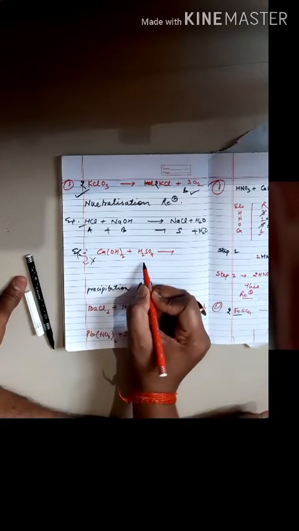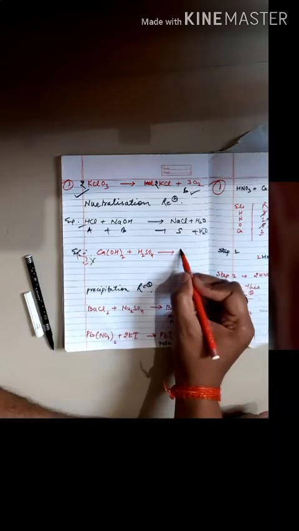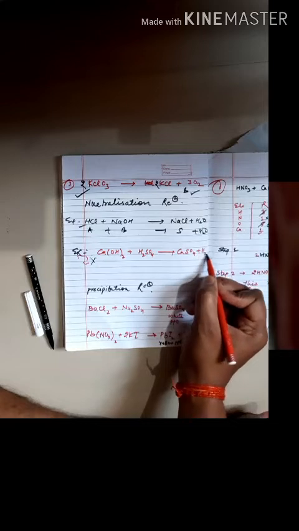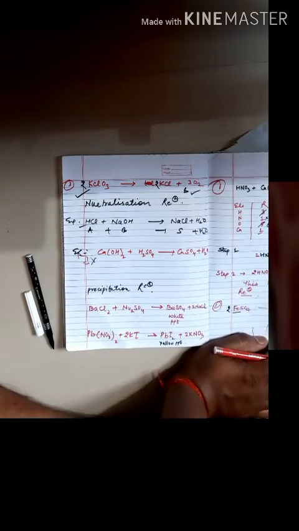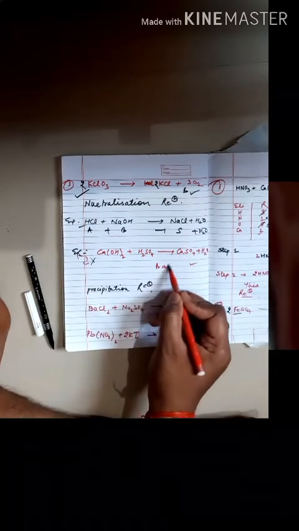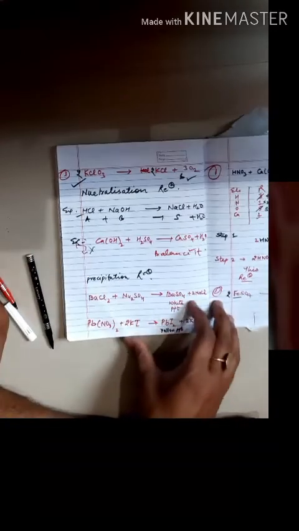This is the king of chemicals, the king of acids. So what will you get? CaSO4 plus H2O. Now you balance it. This is your homework. Balance it.